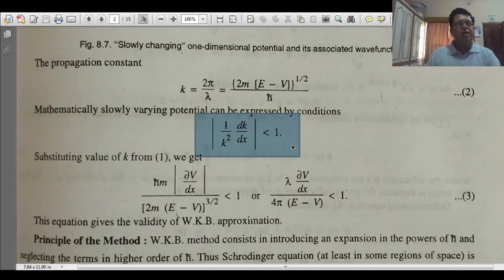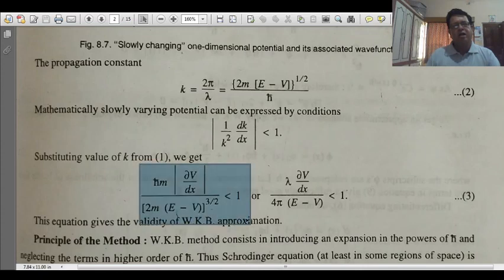If we replace the value of k, this condition becomes, in terms of h cross, h cross m magnitude of del V upon del x upon (2m(E minus V)) raised to 3 by 2, less than 1.